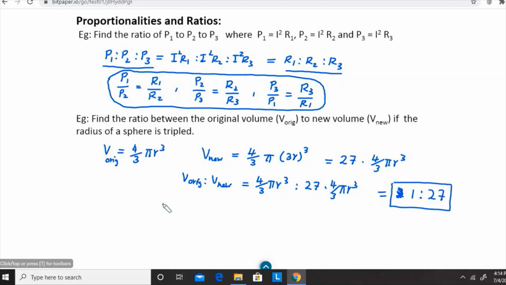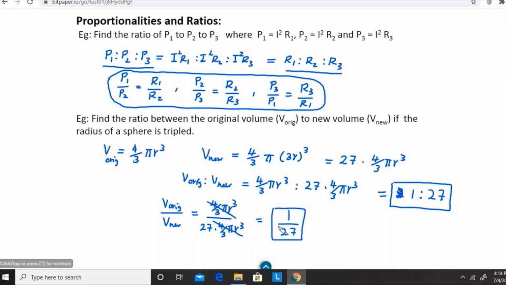The other way is as a fraction, just like in example 1: V original over V new. I can write this as 4 over 3 pi r cubed divided by 27 times 4 over 3 pi r cubed, and then you can see these two terms cancel out, so I have this 1 over 27 ratio.